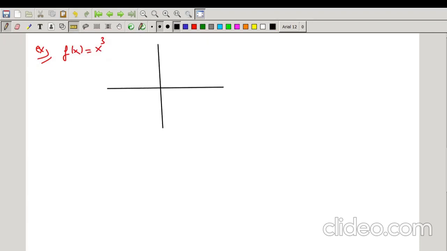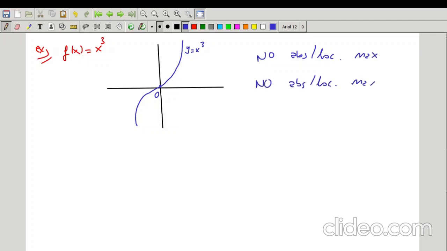If you consider the graph of f, it is an odd function passing through 0, y equals x power 3. As you see, we have no absolute or local max, no absolute or local min, because it is an increasing function between minus infinity and infinity.